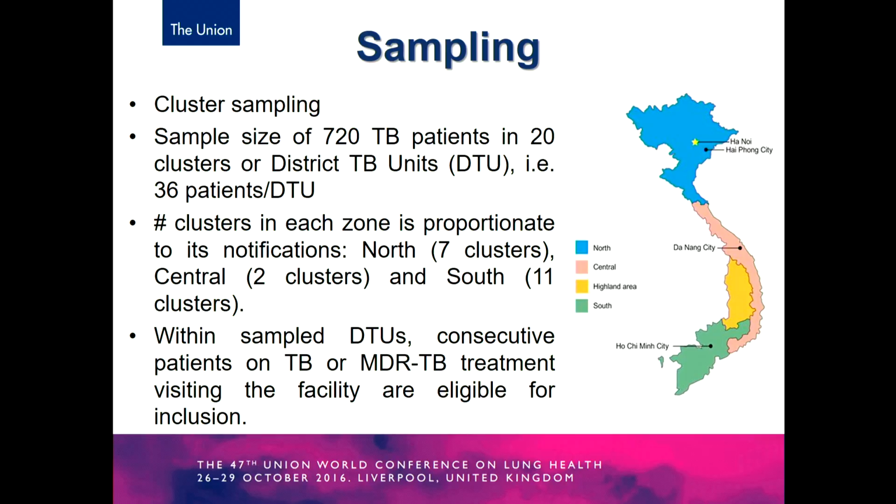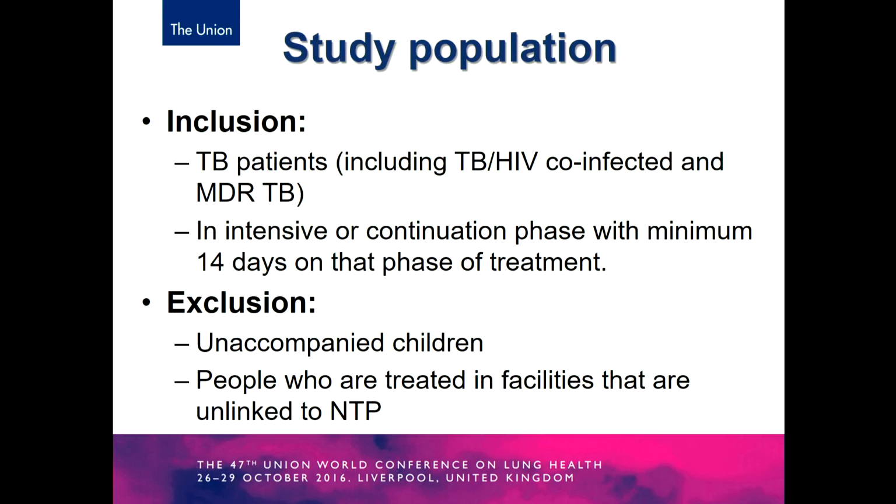We follow the same guidance in selecting TB patients, those who consecutively visit the DTU. For the patients, we include all TB patients, including TB HIV coinfection and MDR TB patients, and both intensive phase and continuation phase are considered for the survey.